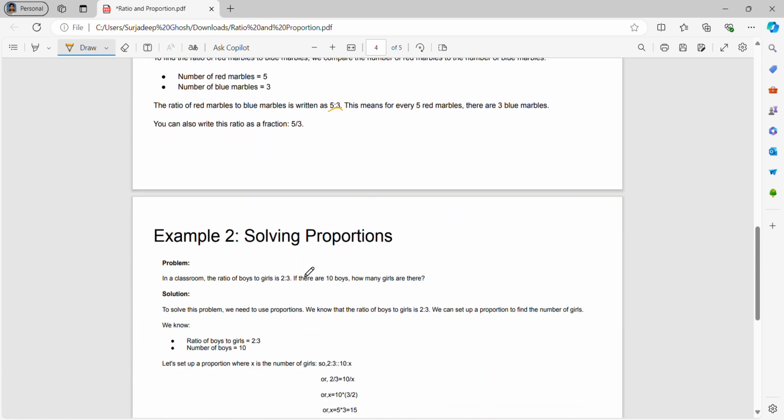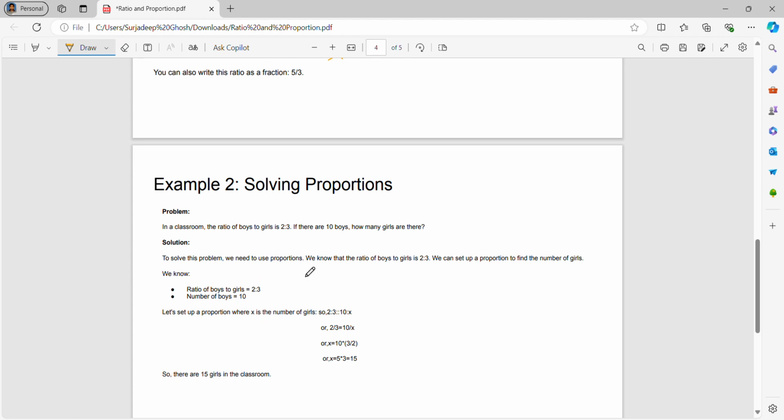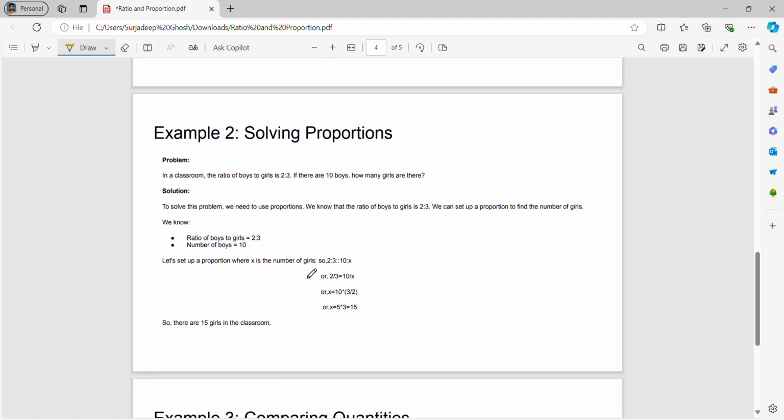Now we will move on to the next slide. It is an example of solving proportion. I think if you understand this problem, your ratio and proportion basics will be cleared. In a classroom, the ratio of boys to girls is 2 is to 3.